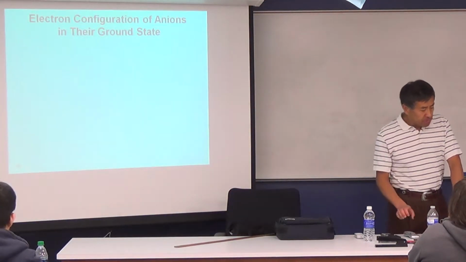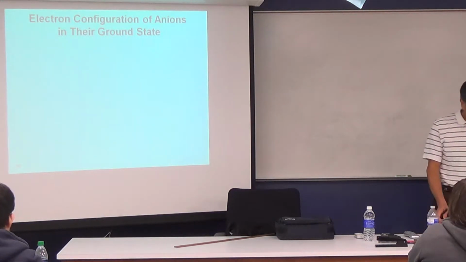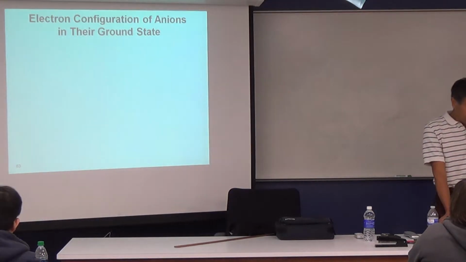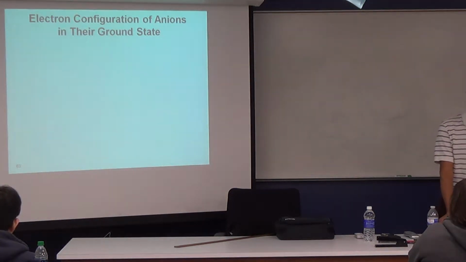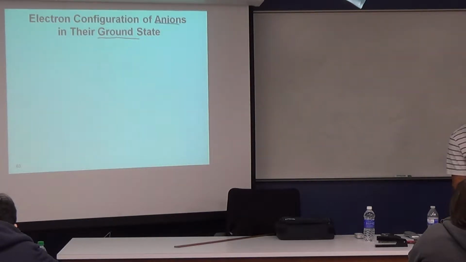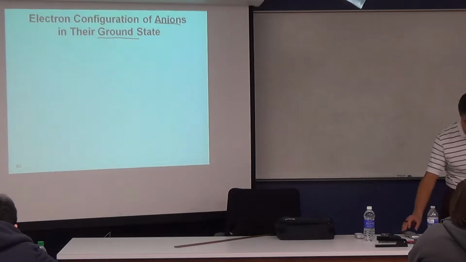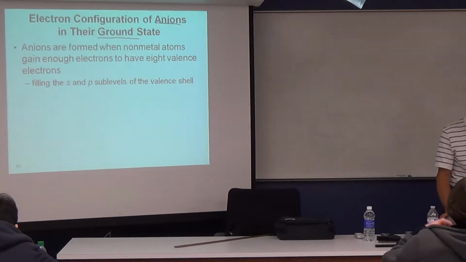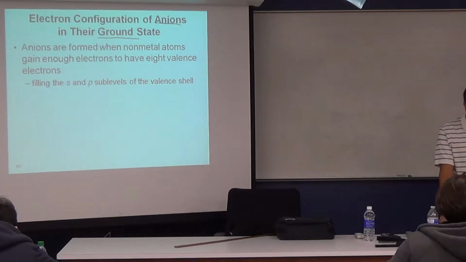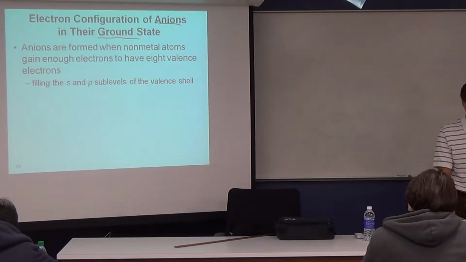Right? And so then you can also write out the electron configuration of the ions. And again, in this chapter, we usually talk about the ground state. For the anions, which means they will have some extra electrons, anions are usually formed when a non-metal atom gains enough electrons to have 8 valence electrons.